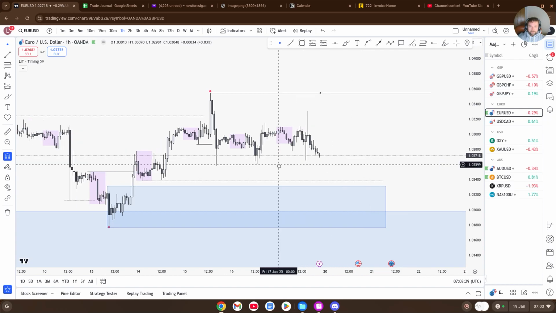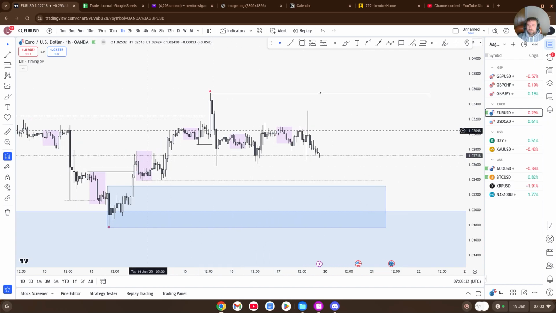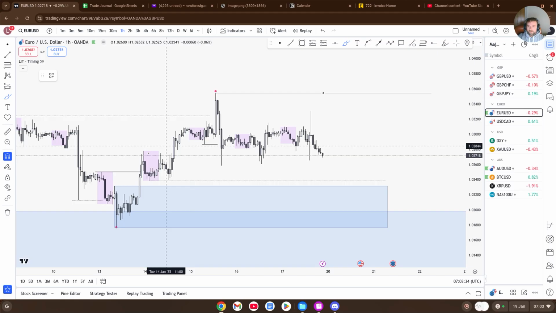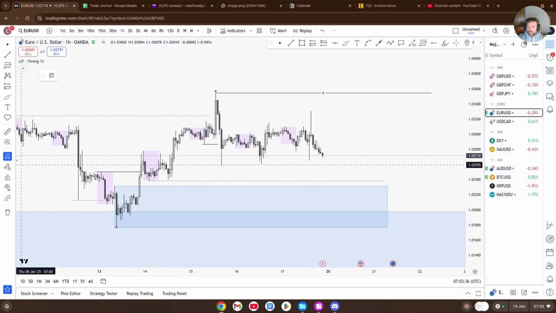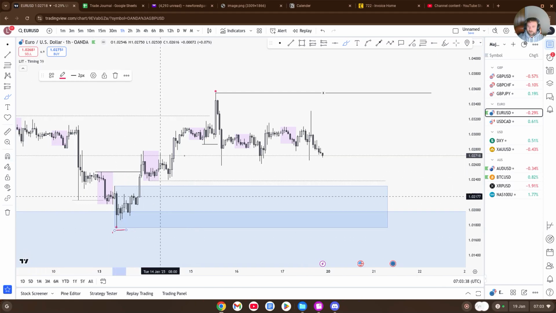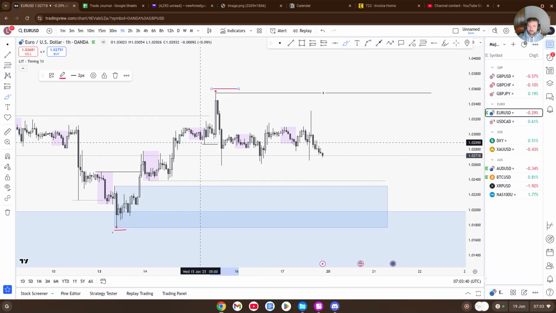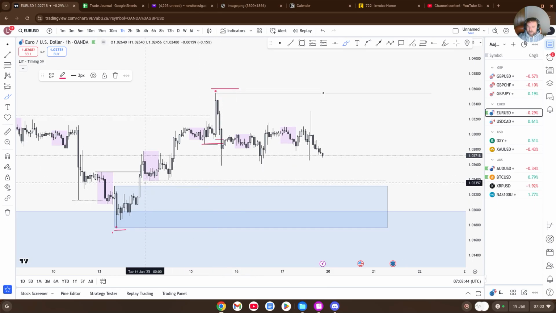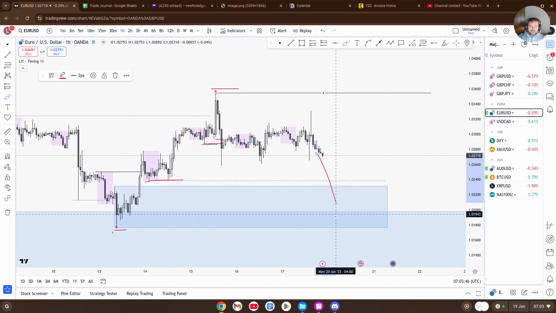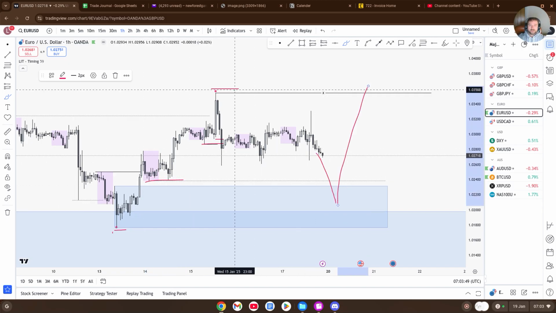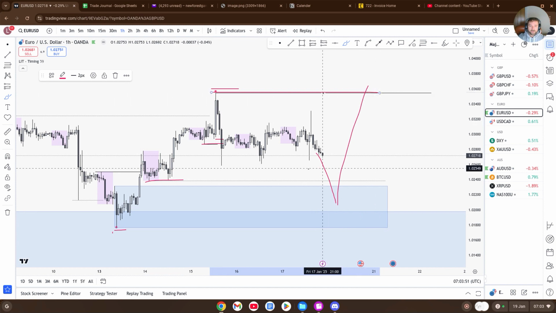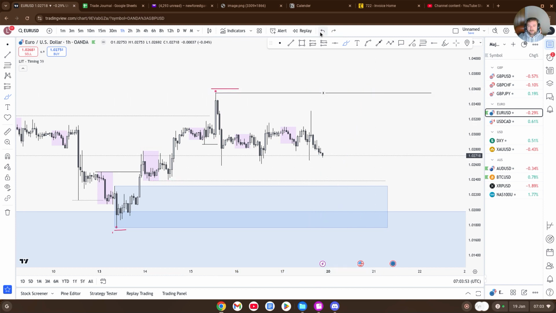So this is my range from this low to this high, confirmed by breaking this or even this. And this is internal range liquidity. So I'm looking for this to get taken, and then to look for buys to come and take out this high right here.